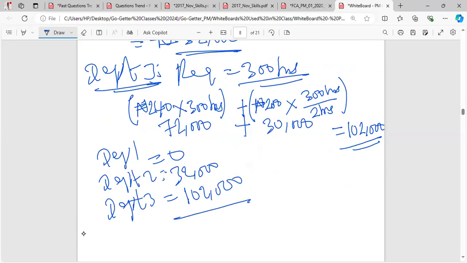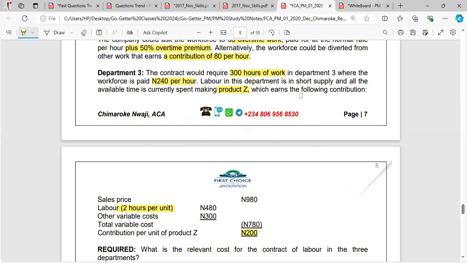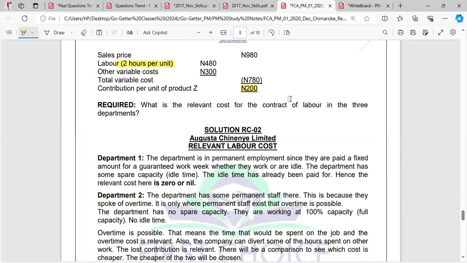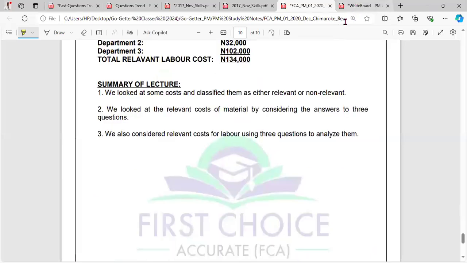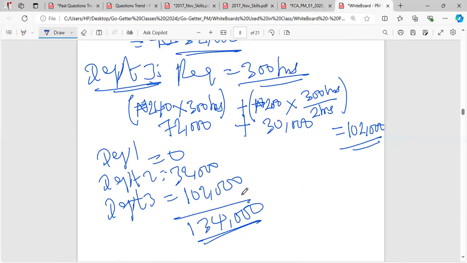If we add them together, we have 134,000. Now that's your opportunity cost. That's your labor cost: 134,000 is your relevant direct labor cost.